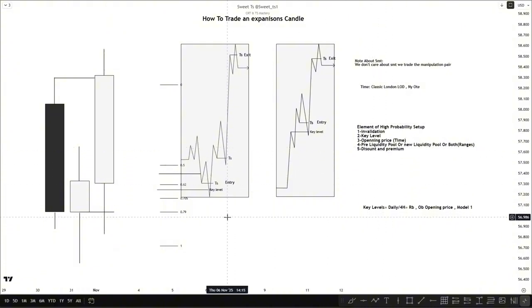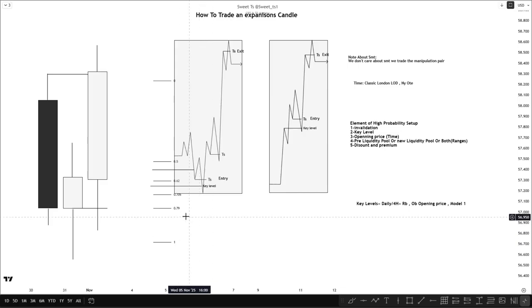And we also need a pre-liquidity pool or new liquidity pool or both, which is what I explained before. So you draw your liquidity pool, and also on fifth, you need a discount and premium of the previous candle, which is this specific candle.